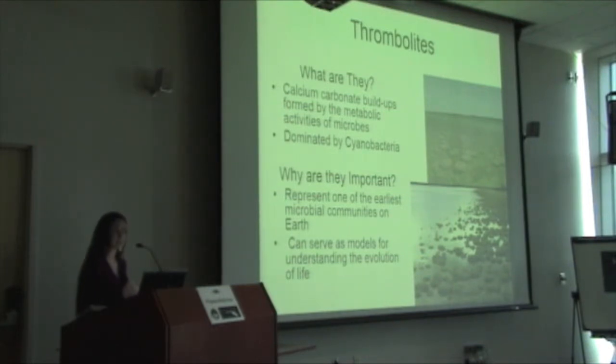The oldest is actually stromatolites, but they are both believed to have produced the oxygen that was first on Earth and was used to sustain life and allow life to be possible on Earth. Because of that, we can use these thrombolites as a model for understanding the evolution of life on Earth.